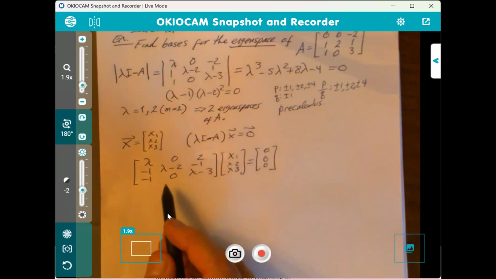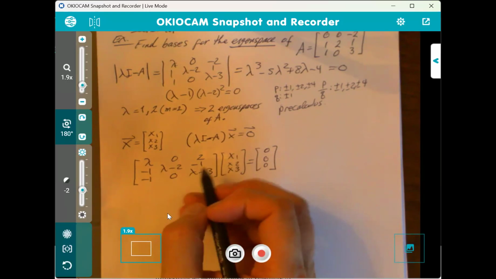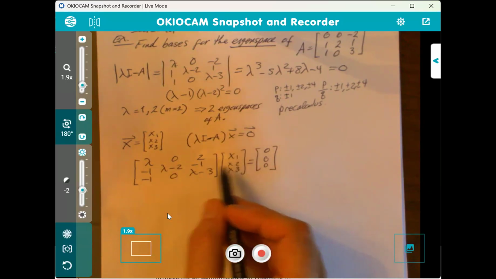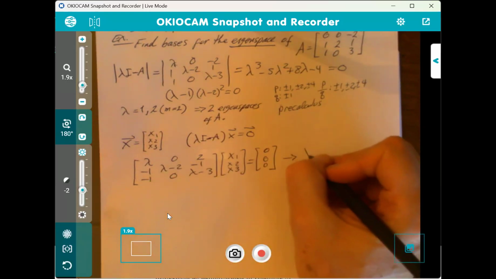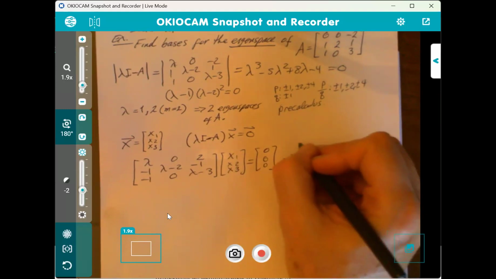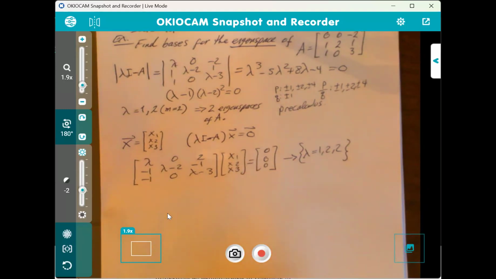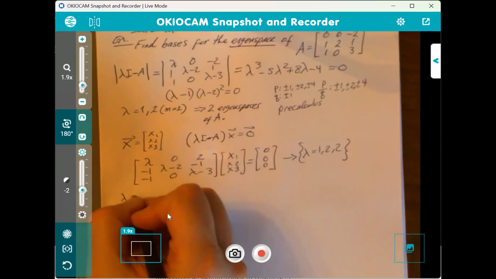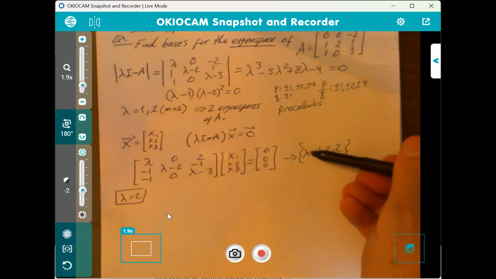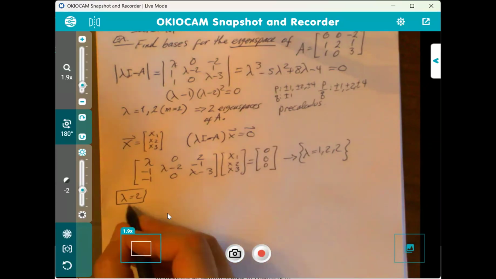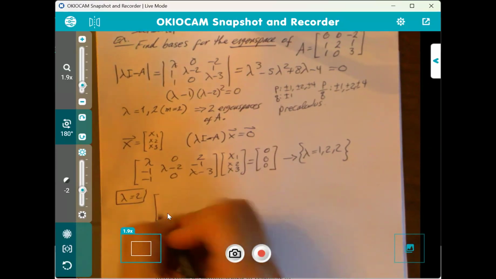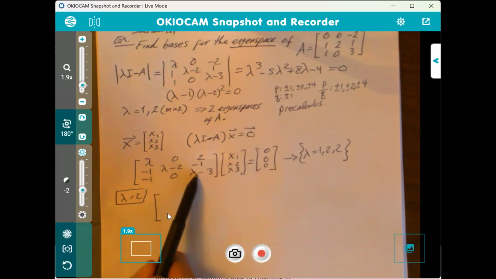Okay. Now, when we work this, the lambdas for these end up being exactly what we got up here. So lambda is going to be 1, 2, 2. Now, we're going to try lambda equal to 2. Again, this is just a repeat of what I did up here. When lambda is 2, we're going to put 2 here, 2 here, 2 here.